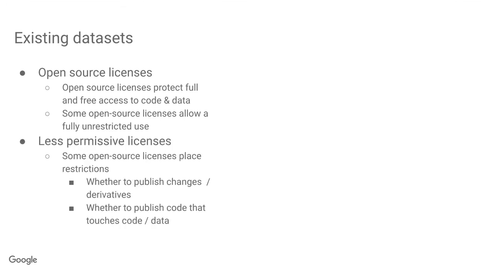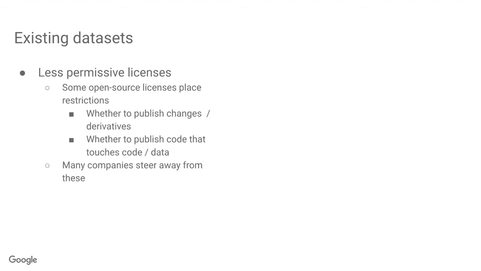There are other open source licenses that are less permissive, and that's because they place certain restrictions, such as whether you must publish any changes that you make or any derivatives of the work that you might make. They also might place restrictions on whether you publish code that touches any of the code or data that's under the less permissive license.